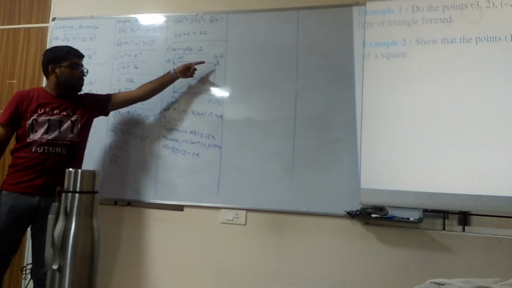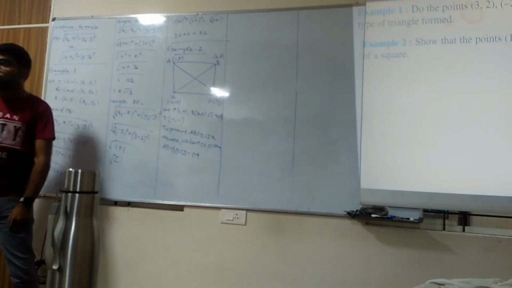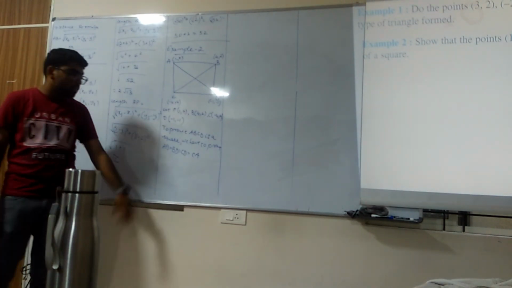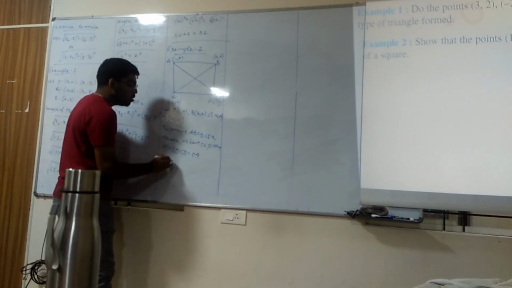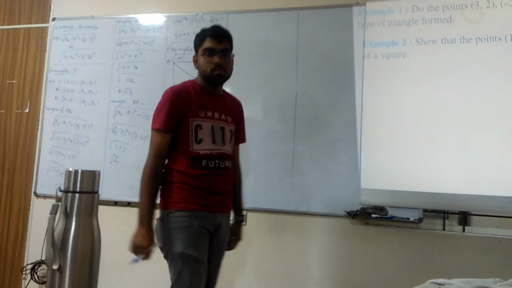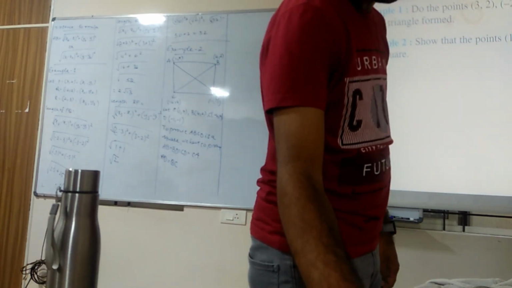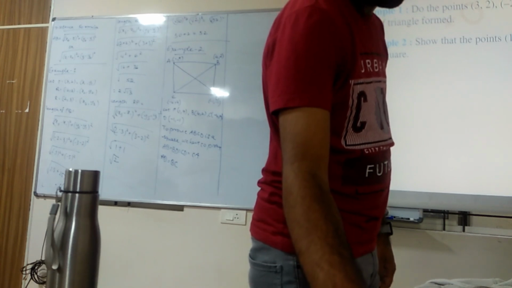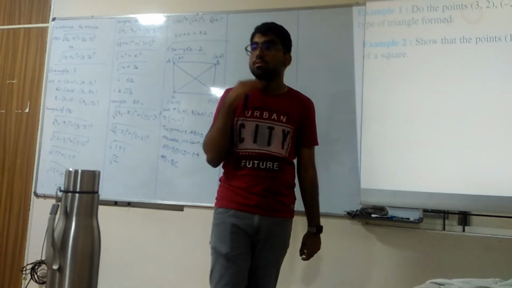You have to prove this. One more thing, we have to prove the diagonals. AC is equal to BD. We have to prove the diagonals are equal. Where diagonals are not equal, it becomes a rhombus.